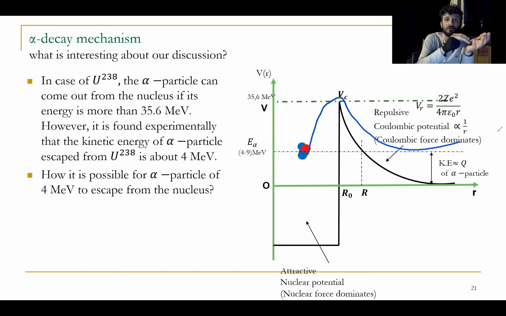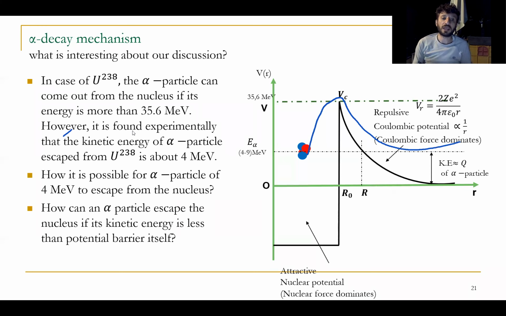How can this particle come out classically, jump out of this barrier and move away? How can an alpha particle escape the nucleus if its kinetic energy is less than the potential barrier itself?